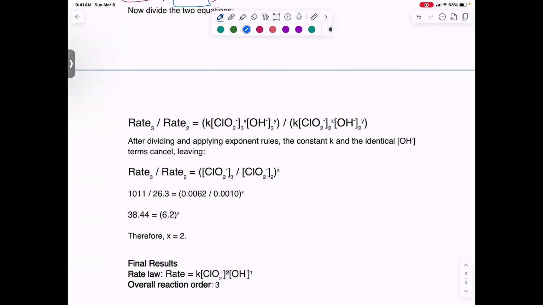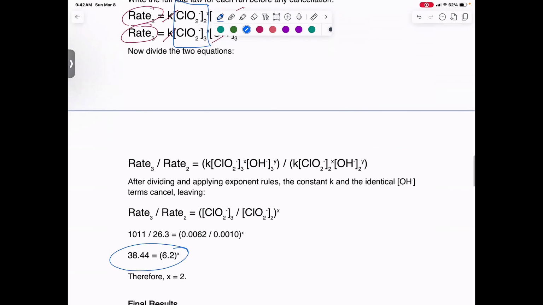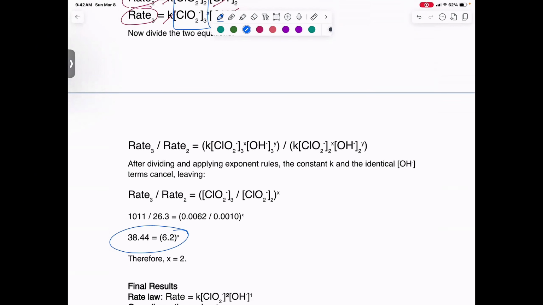Now here on the second step 2, where we're comparing rate 2 and rate 3, when we take all of our numbers and divide out, we get 38.44 equals 6.2 to the x power. And we know x would be 2.